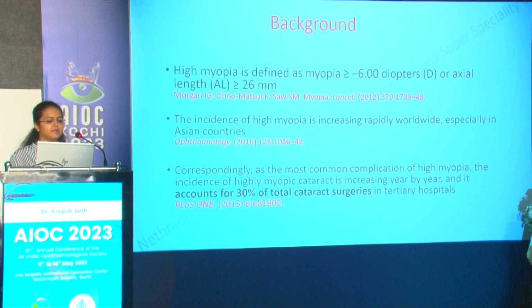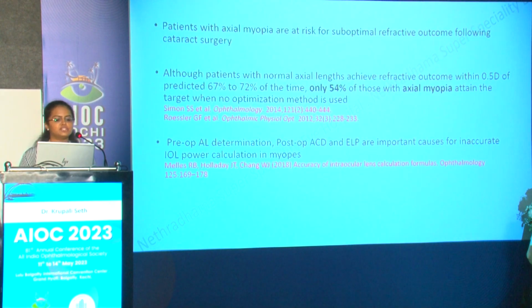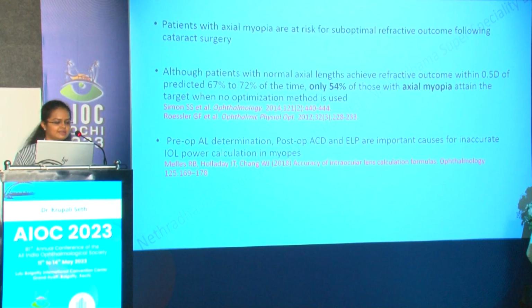The incidence of high myopia is increasing rapidly, especially in the Asian countries. Correspondingly, as the most common complication of high myopia, the incidence of highly myopic cataract is increasing year by year, and it accounts for 30% of the total cataract surgeries in the tertiary hospitals. Patients with axial myopia are at risk for suboptimal refractive outcomes following cataract surgery.